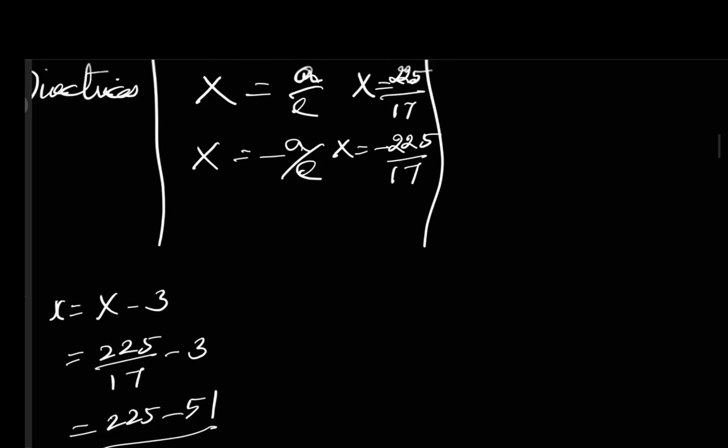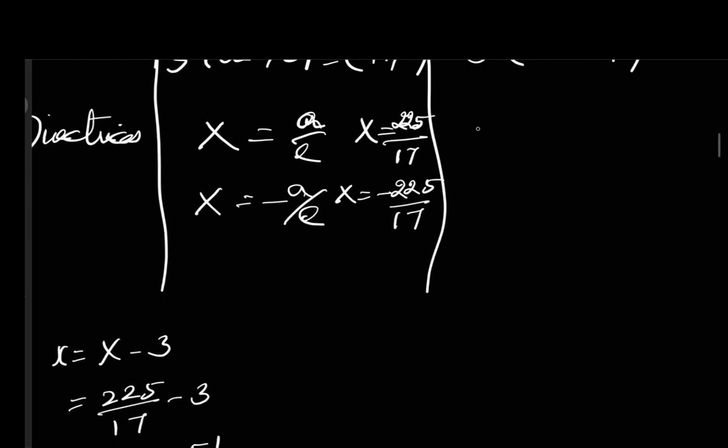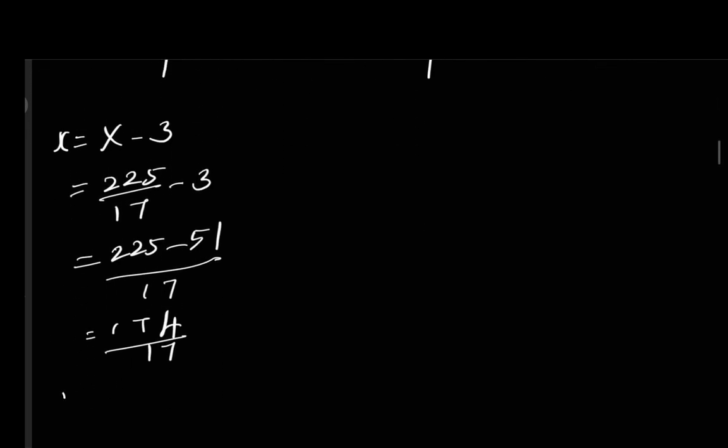Therefore small x is 174 by 17. And for the next directrix, you substitute capital X as minus 225 by 17 minus 3.